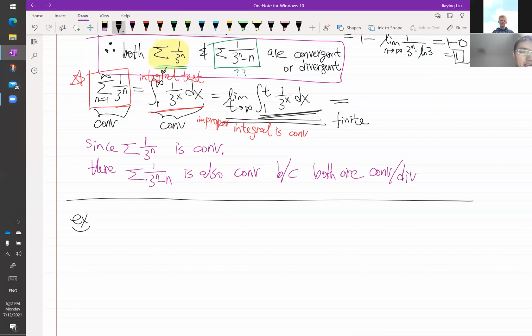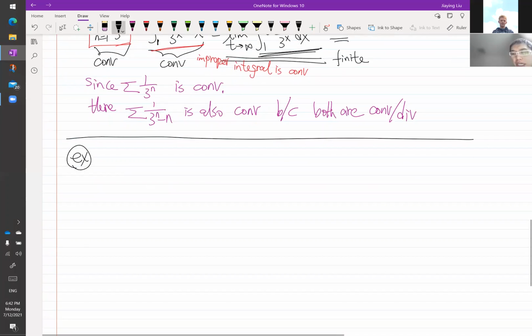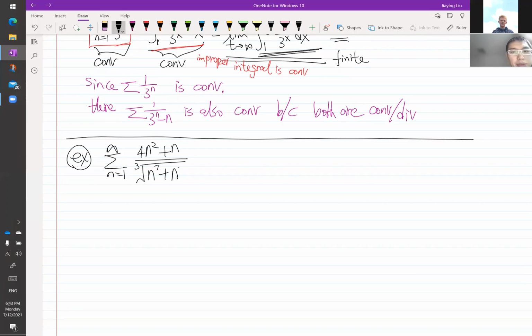All right, I'm going to give you a second example on this. The second example is this series, again, from n from 1 to infinity, and we have 4n squared plus n divided by the cube root of n to the 7th power plus n cubed.